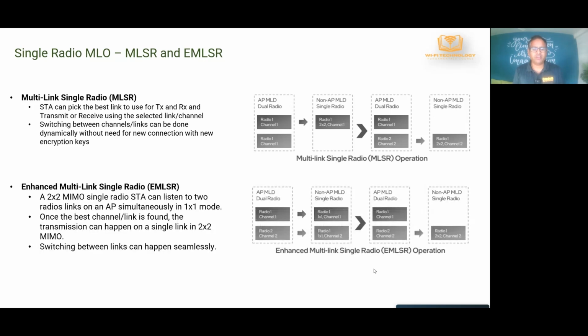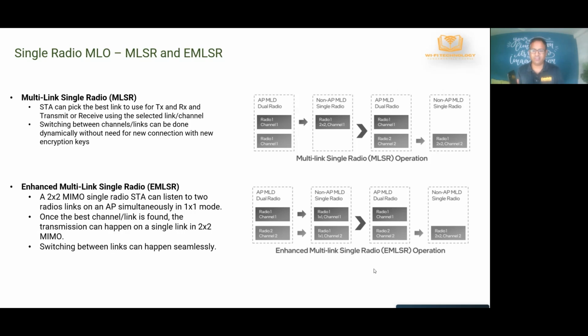There is this other method called enhanced MLSR, or EMLSR, which is probably the most popular method that is currently being used. This is where you still have a single radio, but let's assume that the radio on this client is a 2x2 MIMO radio, which means it has two radio chains. So you can use one radio chain to probe and scan on the first channel of the AP, and the second radio chain in 1x1 mode to probe and scan on the second channel of the AP simultaneously.